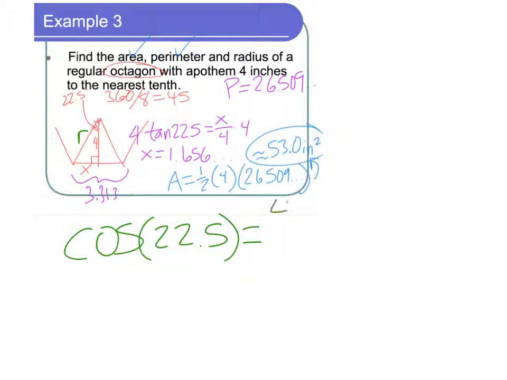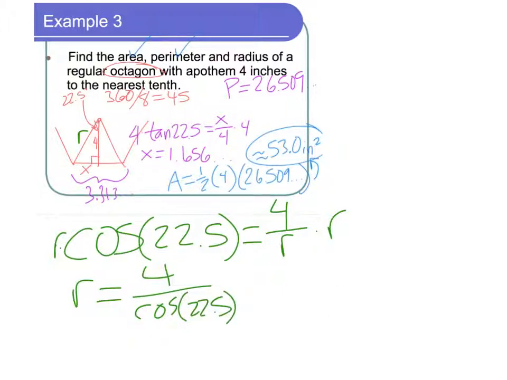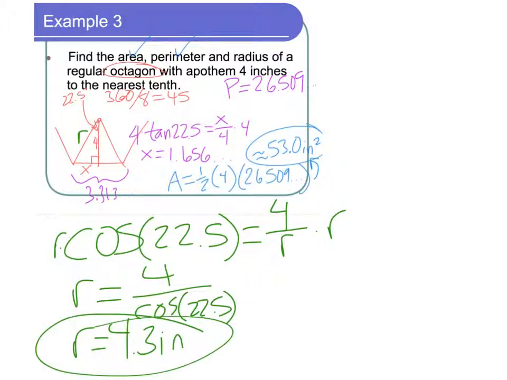My adjacent over my hypotenuse, I'm going to multiply by r, and then I'm going to divide by cosine of 22.5, so r is equal to 4 over cosine of 22.5. Let's see what that is. R is equal to 4.329, so on and so forth, so 4.3 since it's nearest tenth, and that's inches. Cool. There we go.